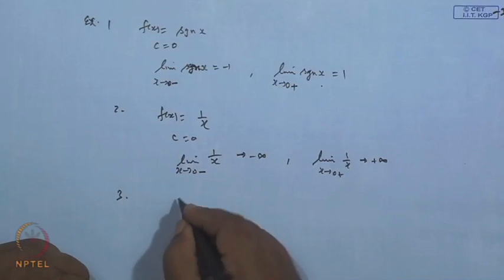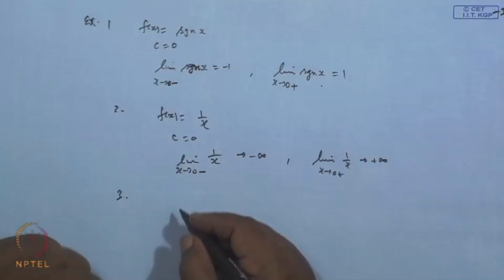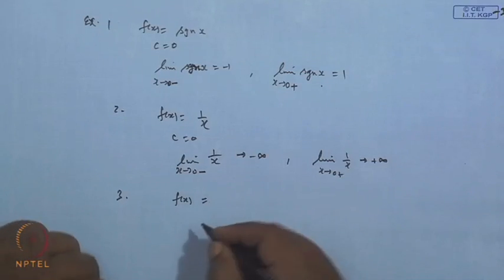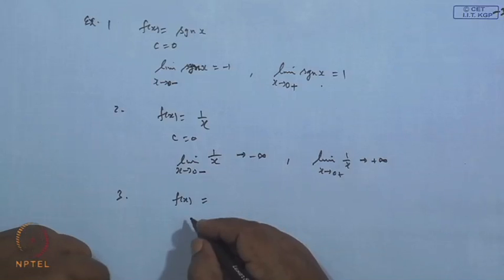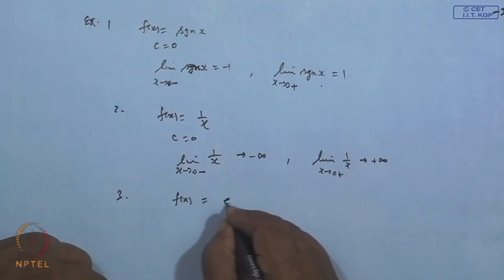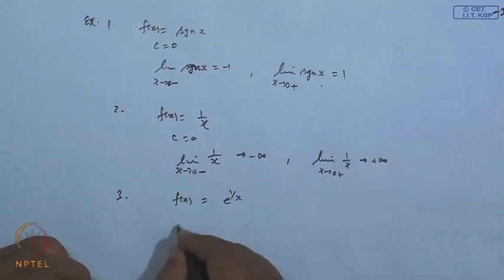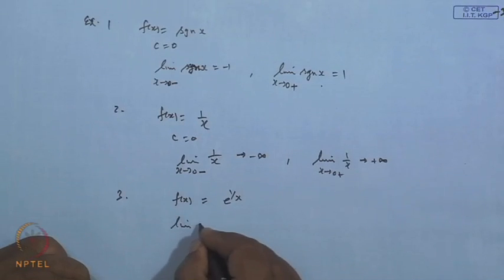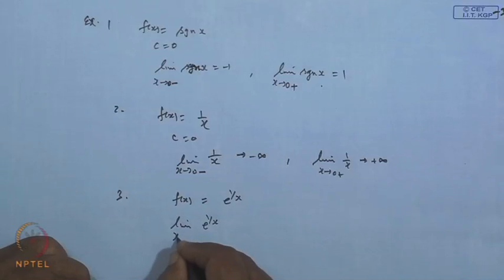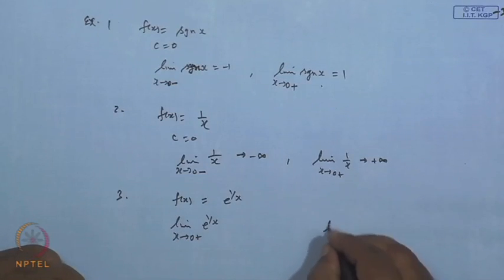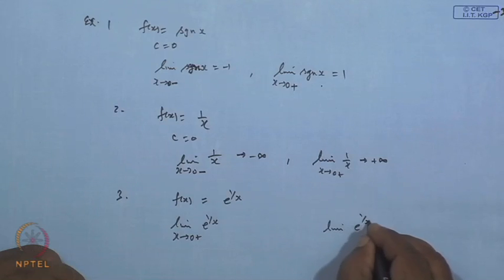The third case is if we look at the function f x equal to e to the power 1 by x. Suppose I take this function e to the power 1 by x, and then we take the limit when x tends to 0 plus, or the limit when x tends to 0 minus.